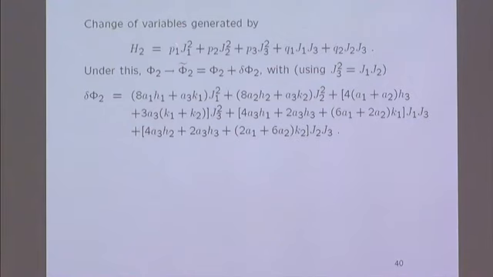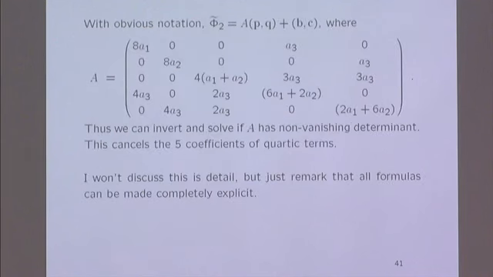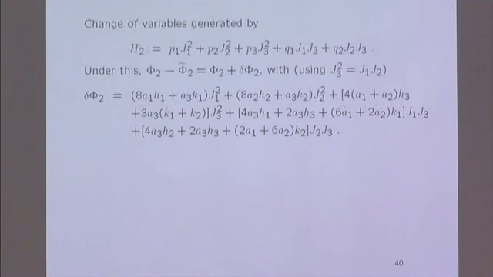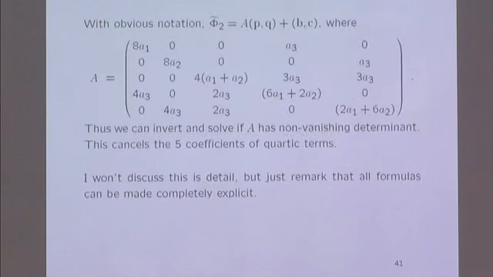The change of variables are generated by this. I make my computation and this is the change in the quartic term. This I can write taking a vector with components P, Q, with components again along each of these basic things of 5th order. This is a 5 by 5 matrix.